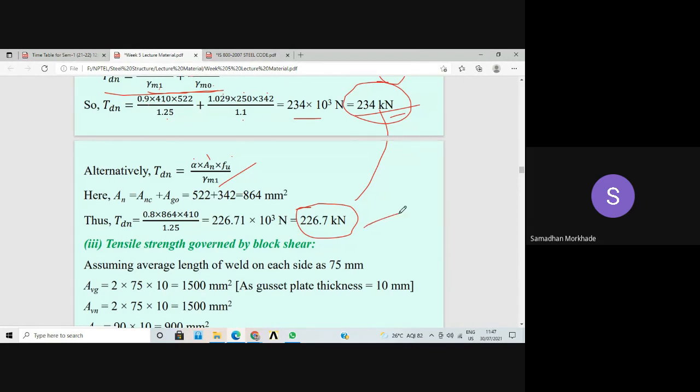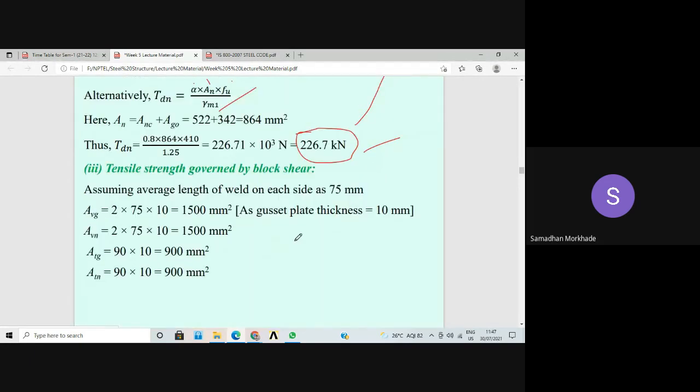So this is now TDN. Now the last criteria is block shear. Tensile strength governed by block shear. Assuming the average length of weld on each side, here also we are taking the average length. AVG is equal to 2 into 75 into 10.